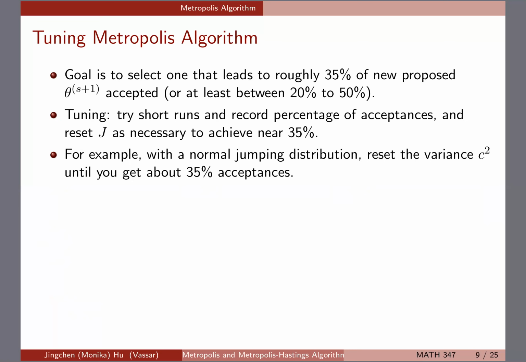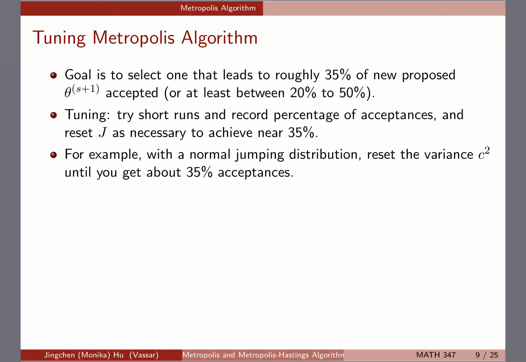So you can do some tuning at the beginning. You can try some short runs and record the percentage of acceptance by changing different values of the jumping standard deviation. Once you see, oh, we get about 30%-ish, then you can start running a longer chain. Because again, this can take a long time to finish, and some short rounds as testing will be a good strategy.